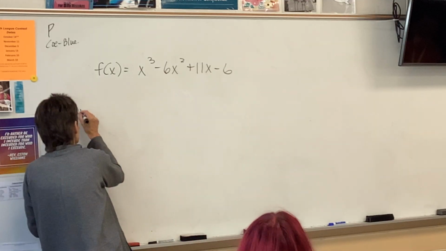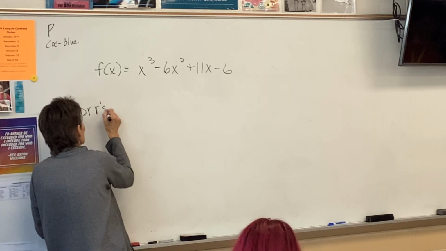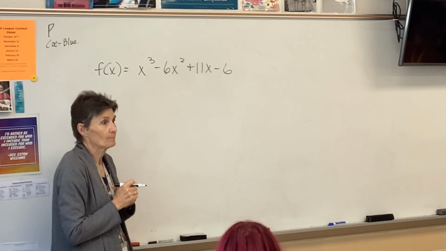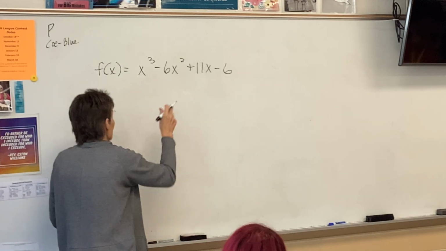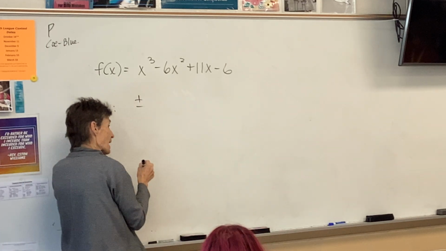So I'm going to list my possible rational groups. Who remembers where they come from? Lila? The factors of the last number, which is 6. So what are the factors of 6?